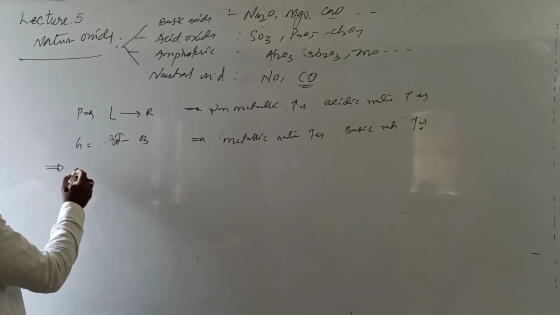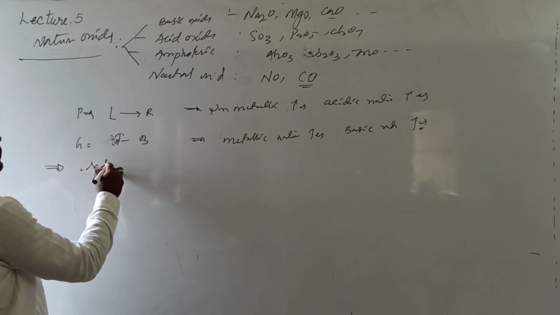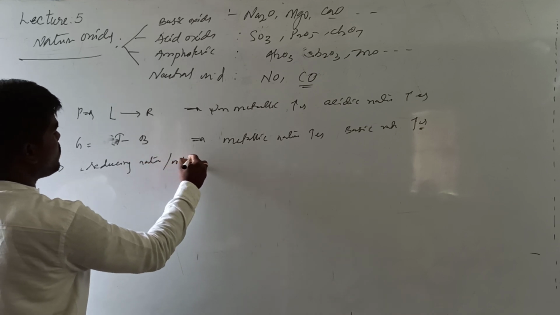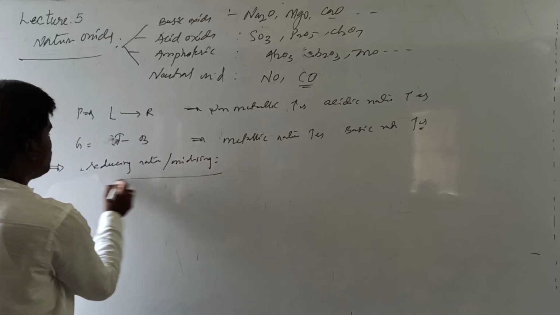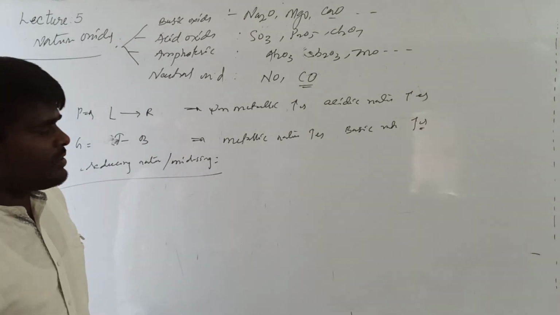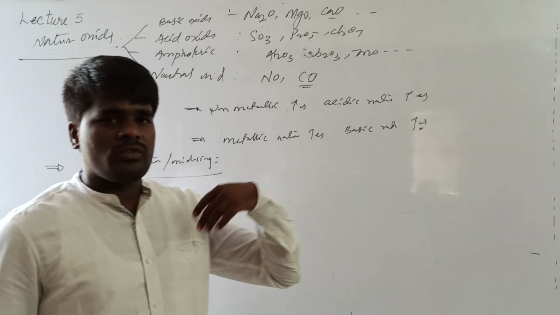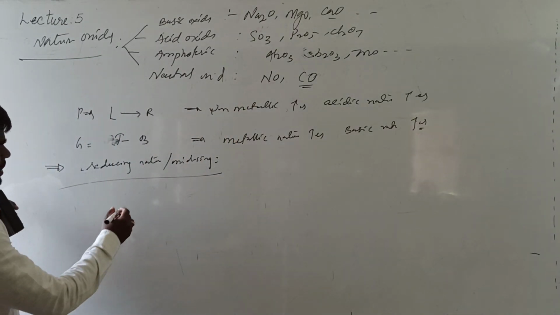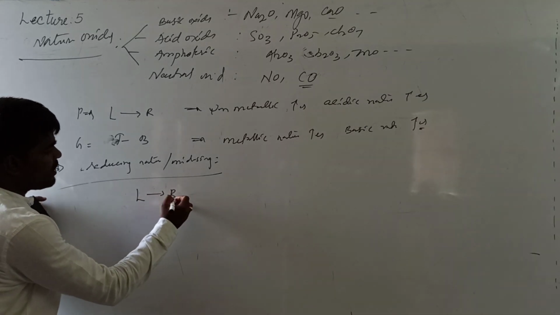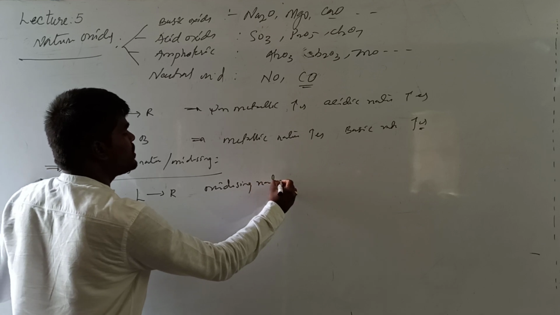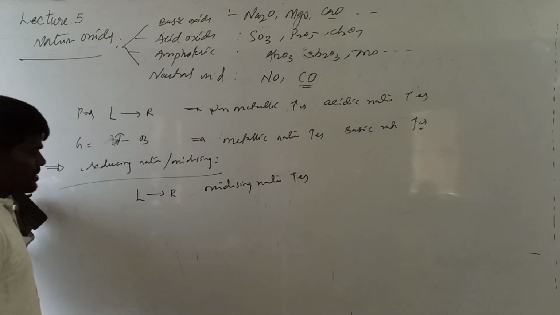Some other periodic properties to discuss are reducing nature and oxidizing nature. What is meant by reducing nature? A species which can reduce others is called a reducing agent. The species which can oxidize others is called an oxidizing agent. In periods, left to right, oxidizing nature increases.